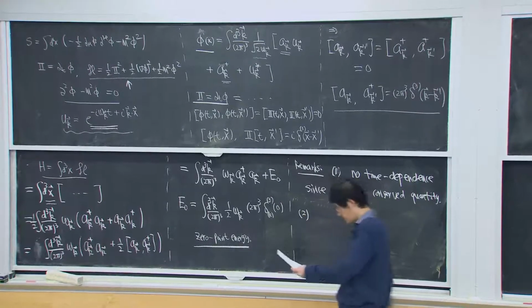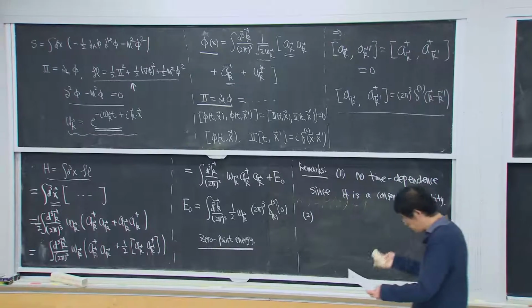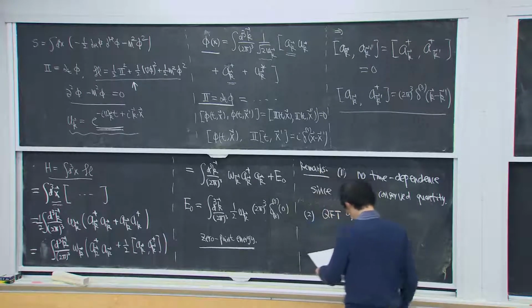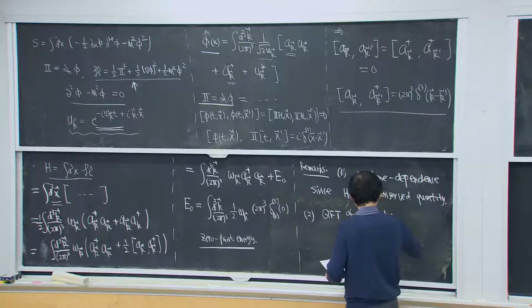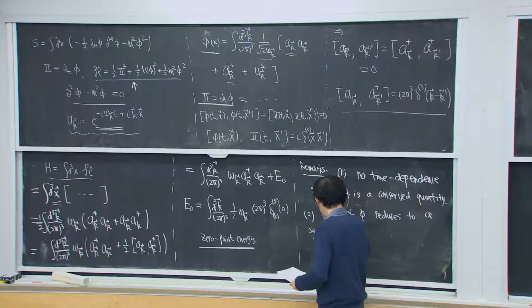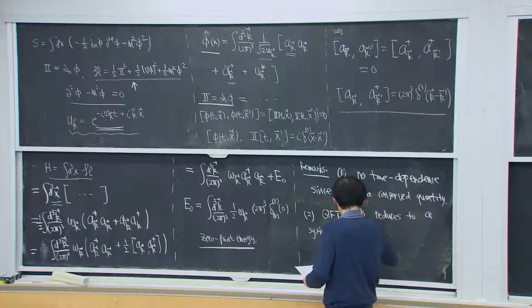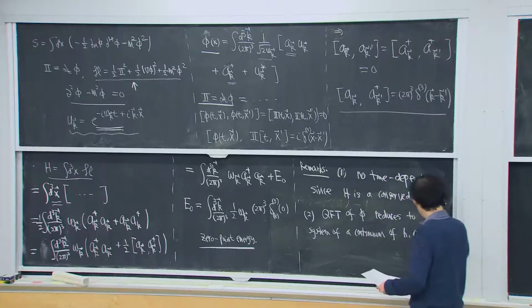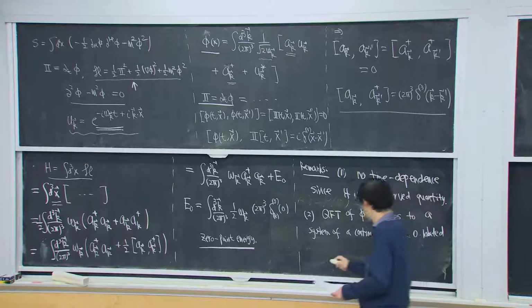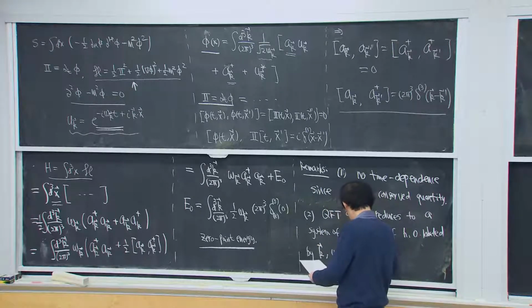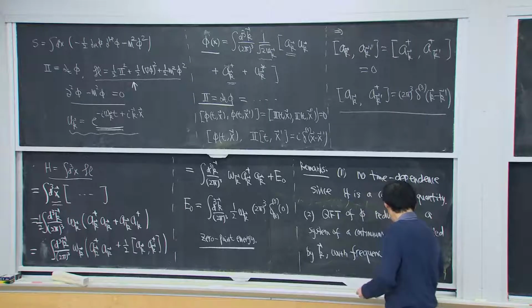The second comment is that, just to repeat what we already said, the QFT of phi reduces to essentially a system of a continuum of harmonic oscillators, labeled by k, with frequency omega k.